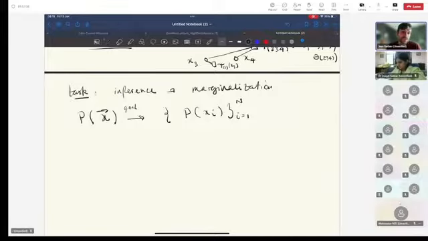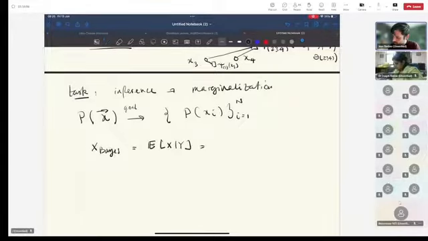Because once you have marginals, you can make decisions. For example, the Bayesian optimal estimator, you remember, the x Bayes, which is the posterior mean given the data.